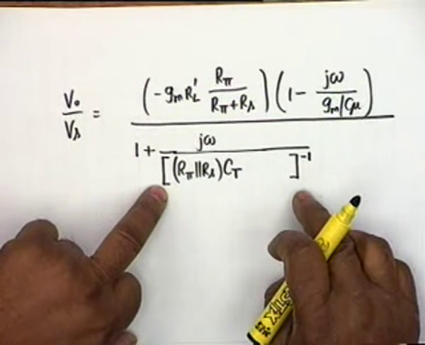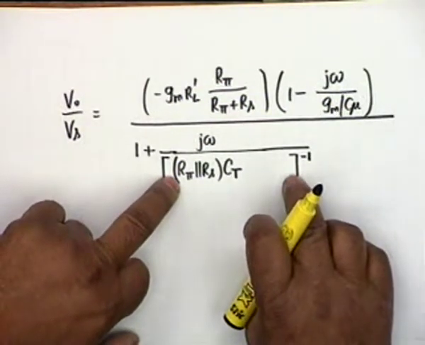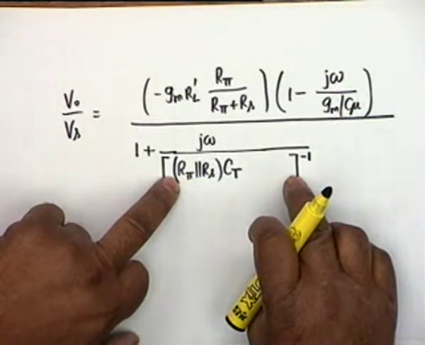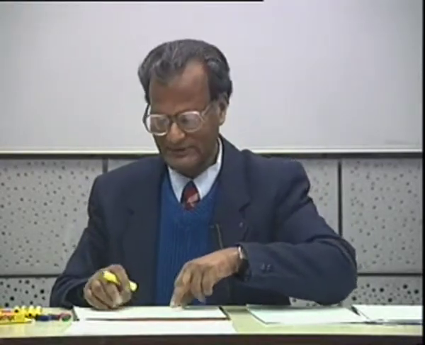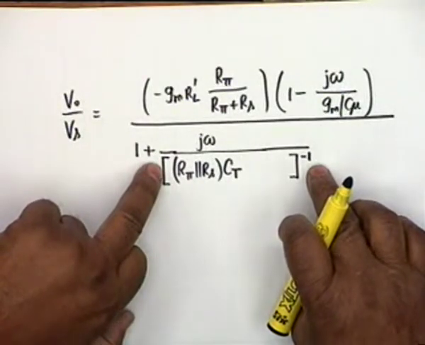You see, in the approximate expression it is simply this, and this inverse was taken as omega 1. Omega 2 is different. Omega 2 comes as 1 by RL prime (C0 plus C mu). This inverse was taken as omega 1.